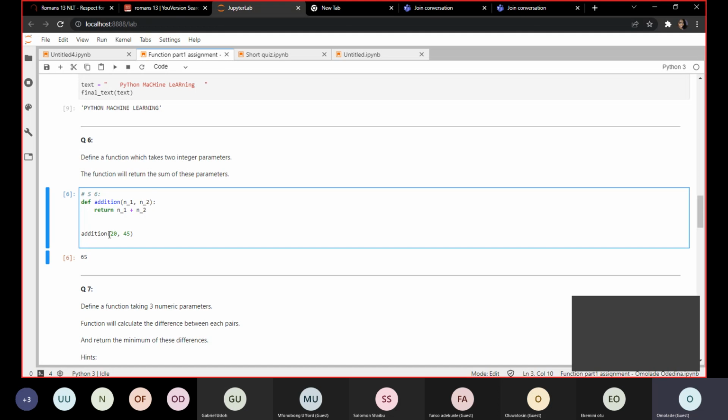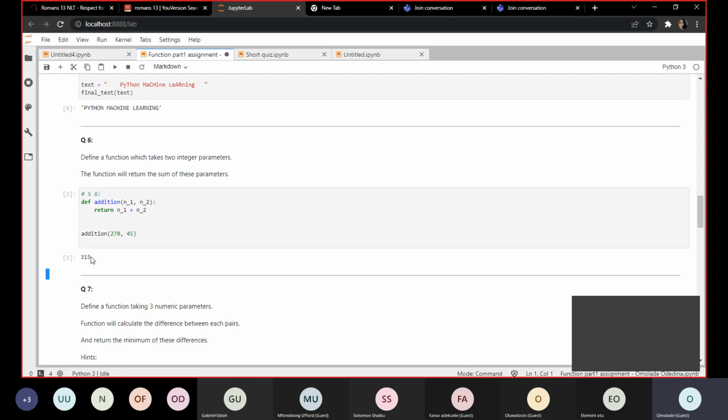So now we can call our function. Addition of 20 and 45 will give you 65, because you've already returned the summation of the two parameters you entered into the function.